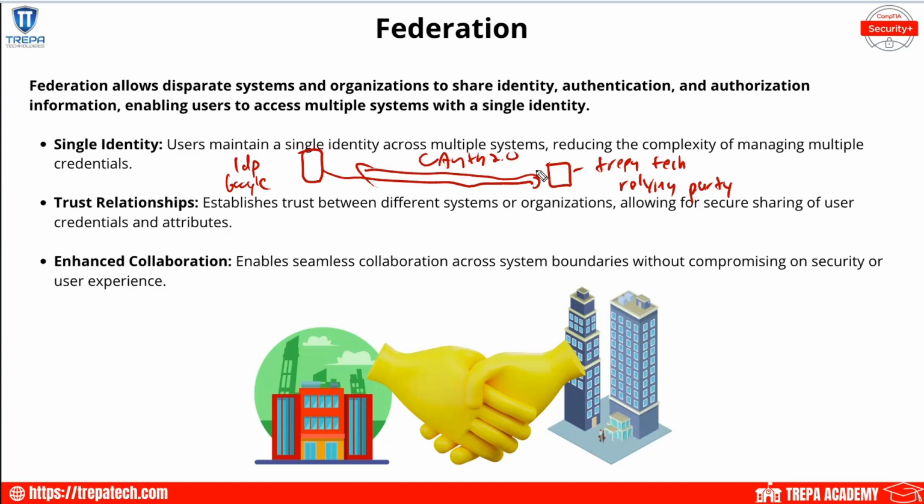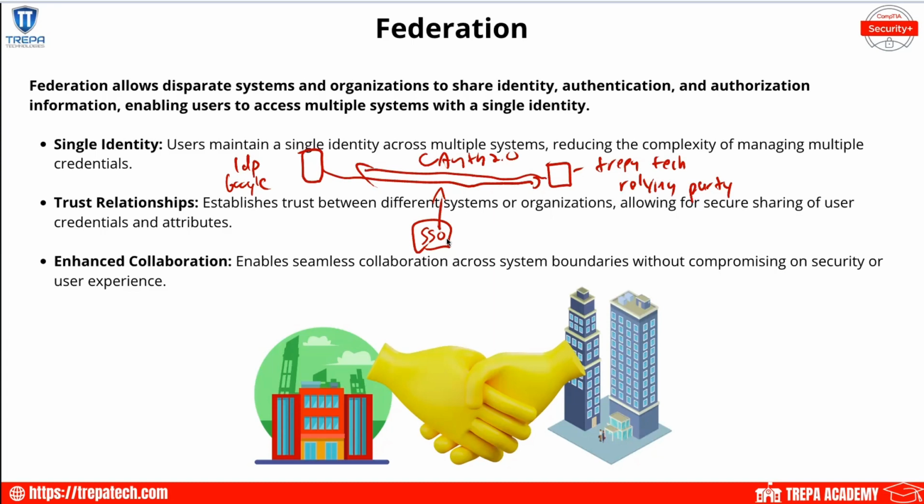So that's an example of federation and also an example of SSO. These lines kind of get a little blurred, right? I would consider this more of a single sign-on option, but it's still within the definition of federation that says, hey, enabling users to access multiple systems with a single identity. So that's federating services. Google's federating their services across many, many third-party applications. Now let's take into account acquisitions.